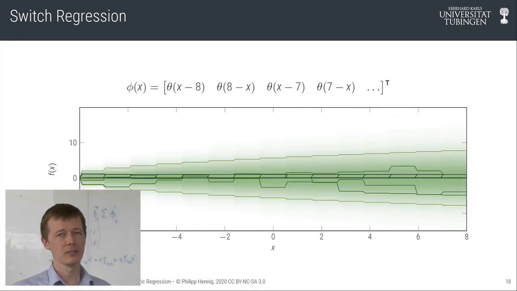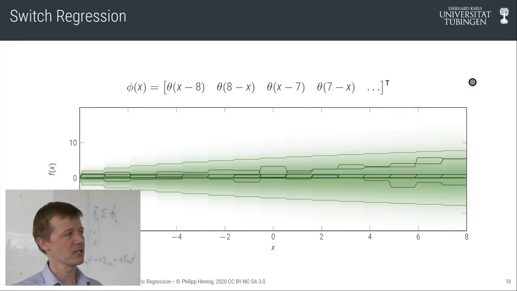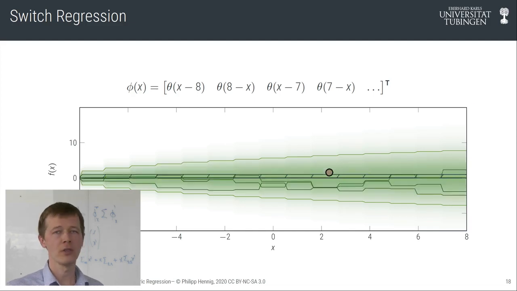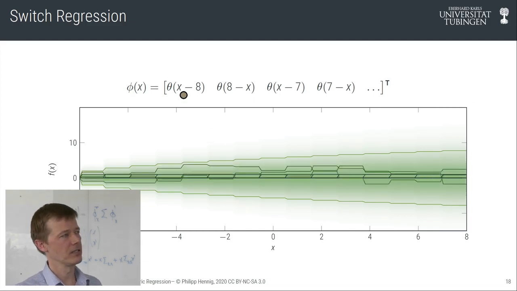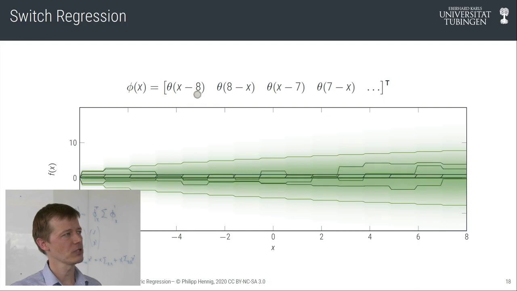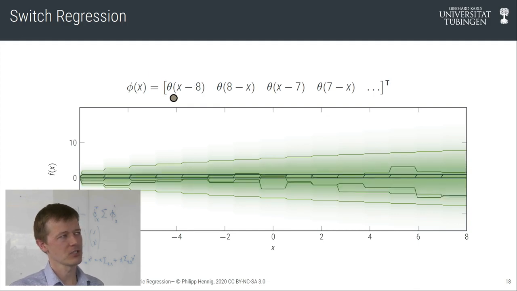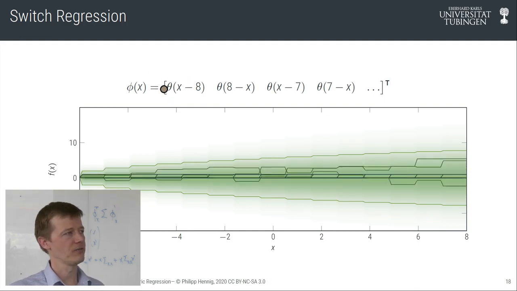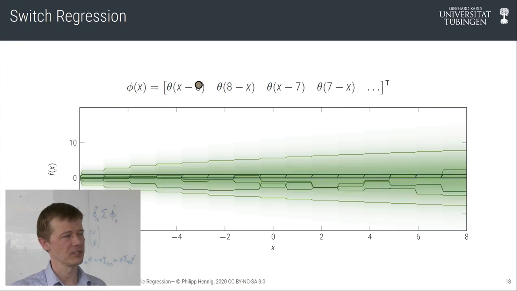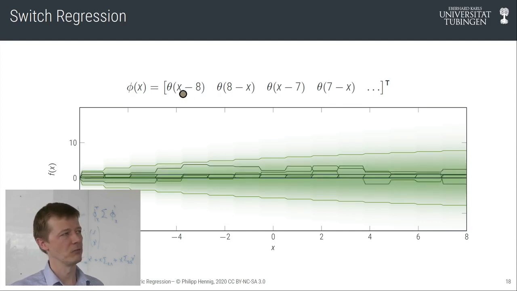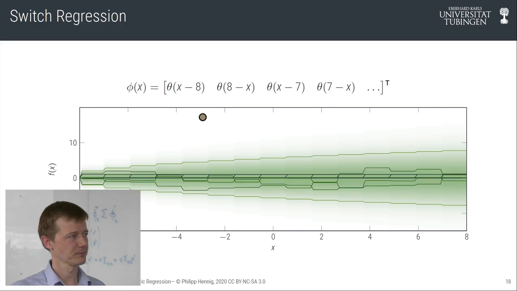Actually, there's another kind of step function, which starts at 0 and then switches on at one point. Here I use the Heaviside function notation, a function that is 0 if its input is less than 0 and 1 once the input becomes positive.